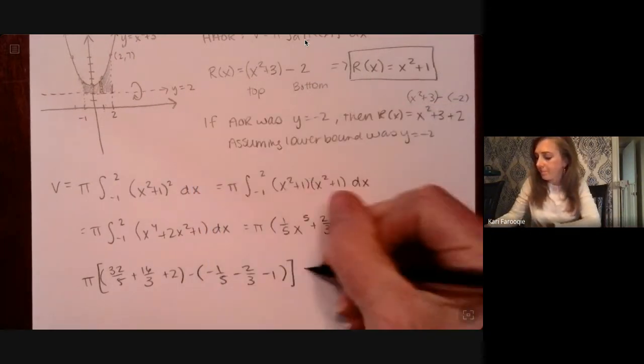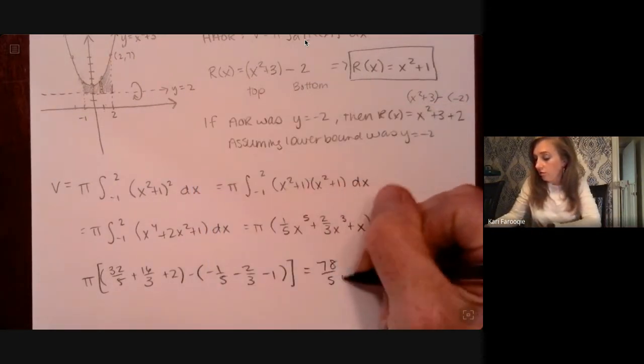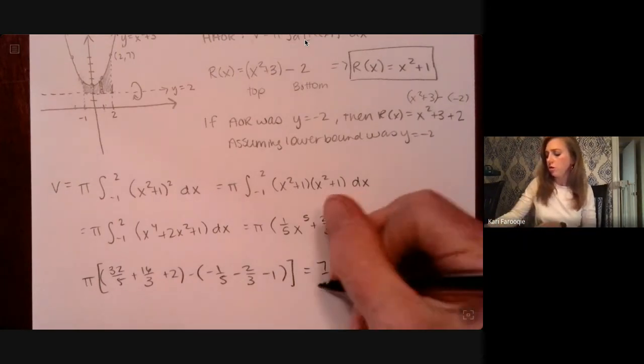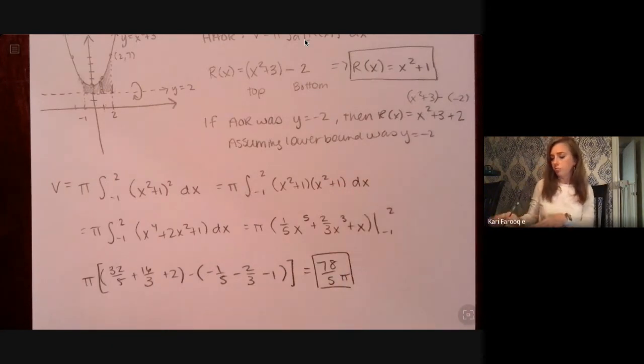Actually, I didn't even think to tell you that on the last one. We're going to leave our answers here exact, written in terms of pi. So don't multiply the pi in and give me a weird decimal approximation. Leave it exact. Just remember that the pi goes onto it as a multiple.